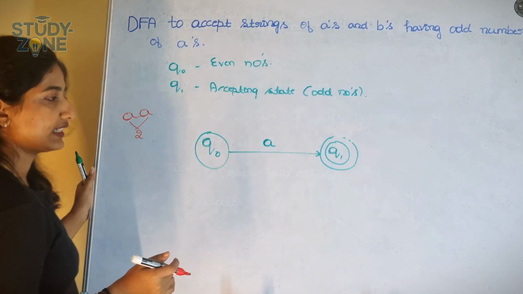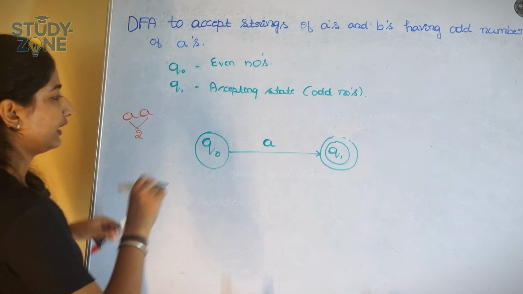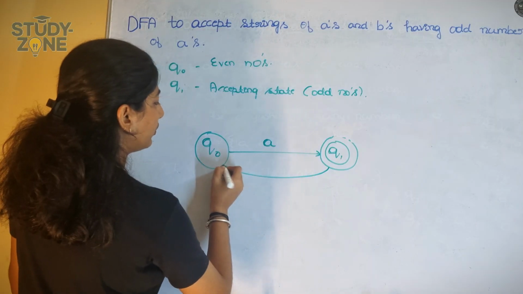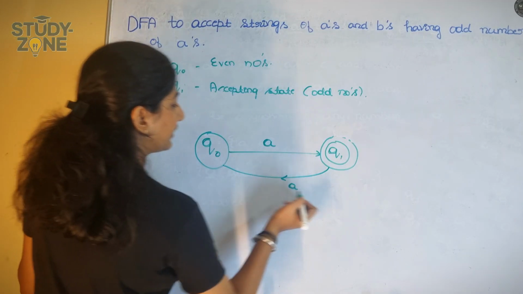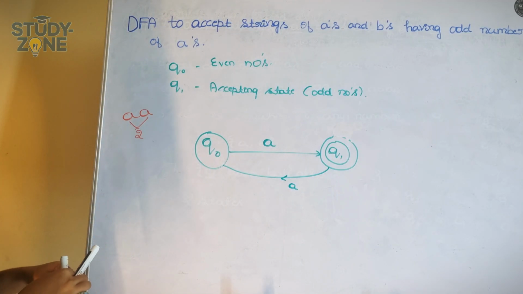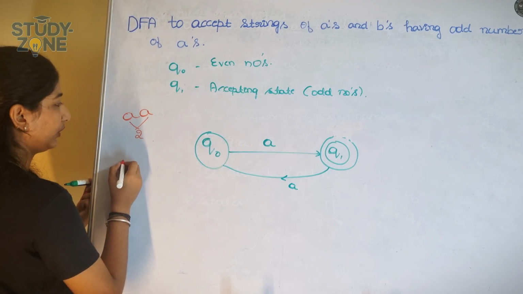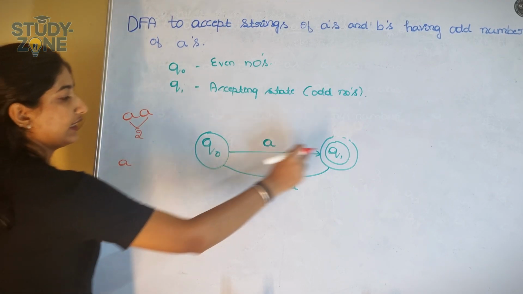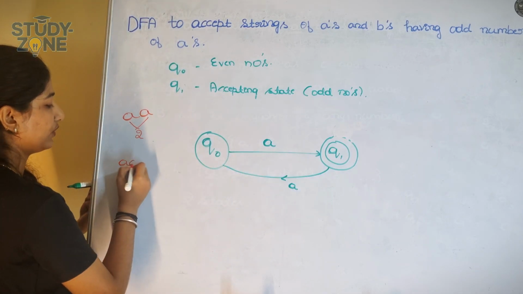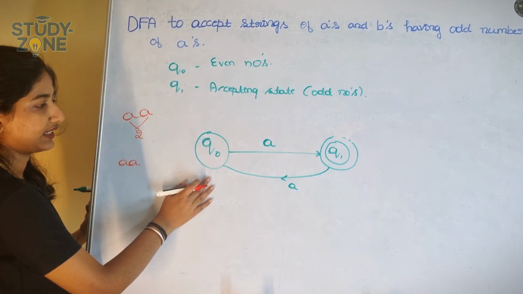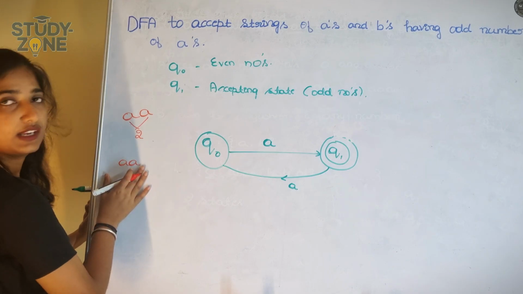Now another case is Q1 on A moving to Q0. Check this one. Q0 on A moving to Q1, and then Q1 on A moving to Q0, and this is not the accepting state, this is the rejecting state. So our diagram is correct.